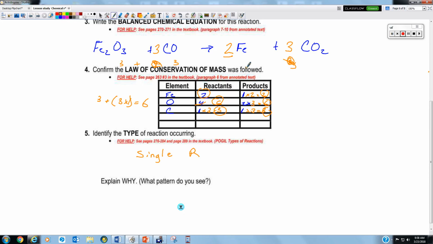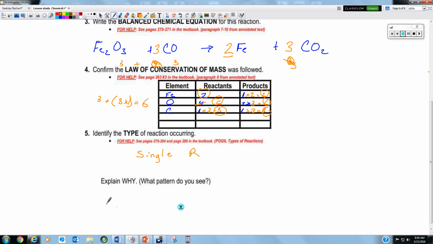We end up with a metal by itself, and that's the only thing that gives me any kind of clue what this is. This is an organic reaction, because carbon monoxide and carbon dioxide are organic compounds. Organics are some of the more difficult ones to balance. They're also some of the more difficult ones to identify.